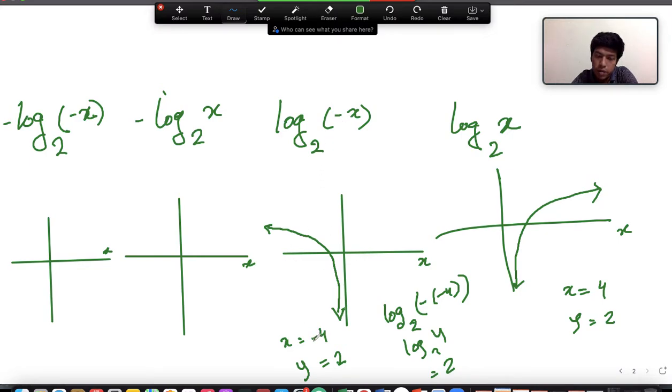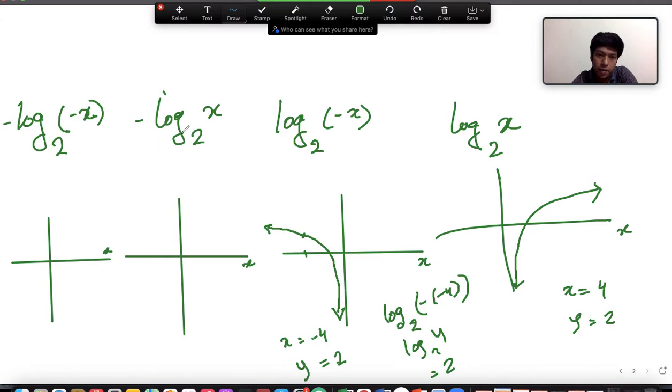If the value of x is minus 4 somewhere here, we are estimating somewhere here, then at the time our function's value is 2, y value is 2. Do you understand? So the shape of the graph is this. You can check with many other values and the answer will come the same. Okay, so this is how we understand which graph is which one.